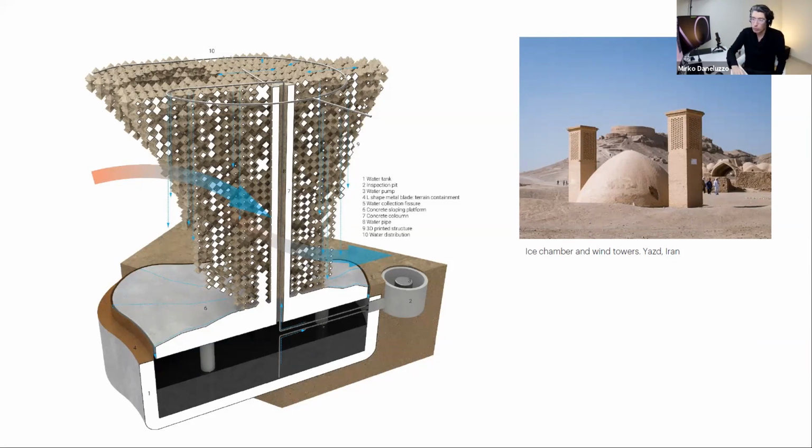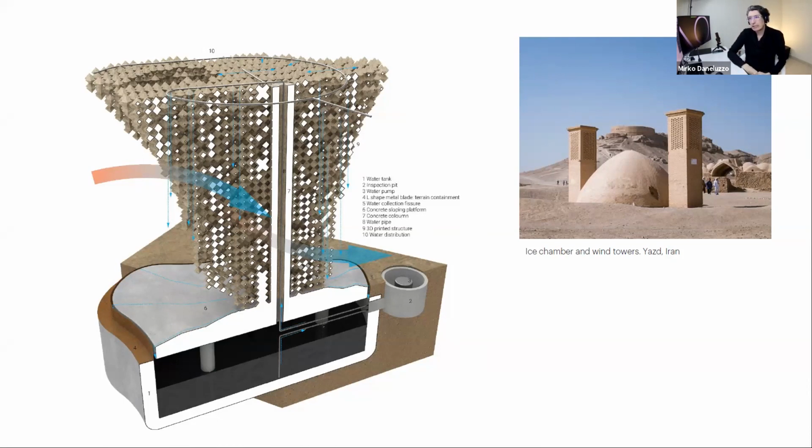The water is pumped up to the top of the object and distributed through a pipe, so that it drips down simply by gravity through the pores, through the voids of the object.